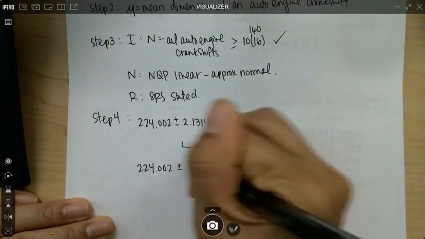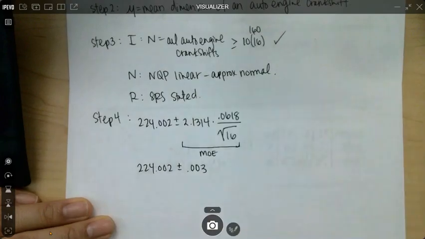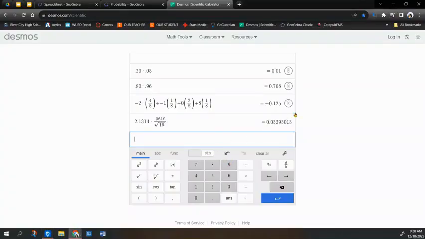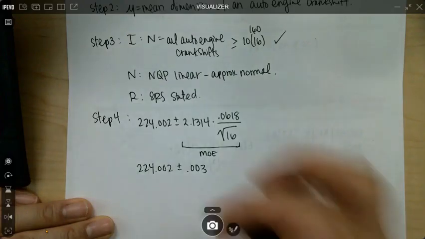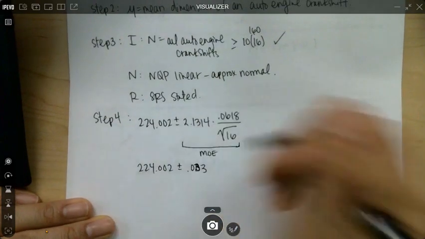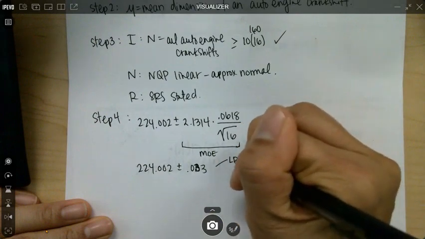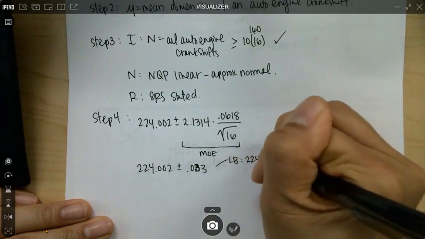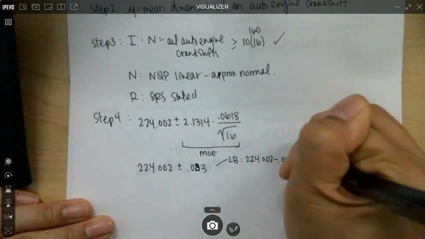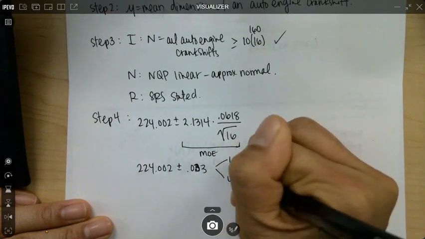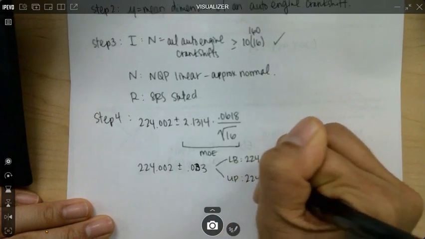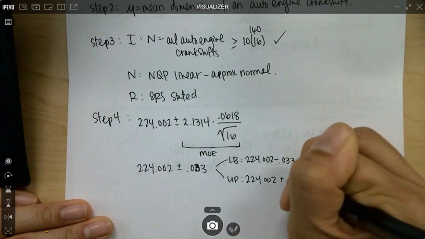So 224.002 plus or minus 0.033. Okay, so to get my lower bound, we're going to subtract: 224.002 minus 0.033. And then to get my upper bound, we're going to add: 224.002 plus 0.033.